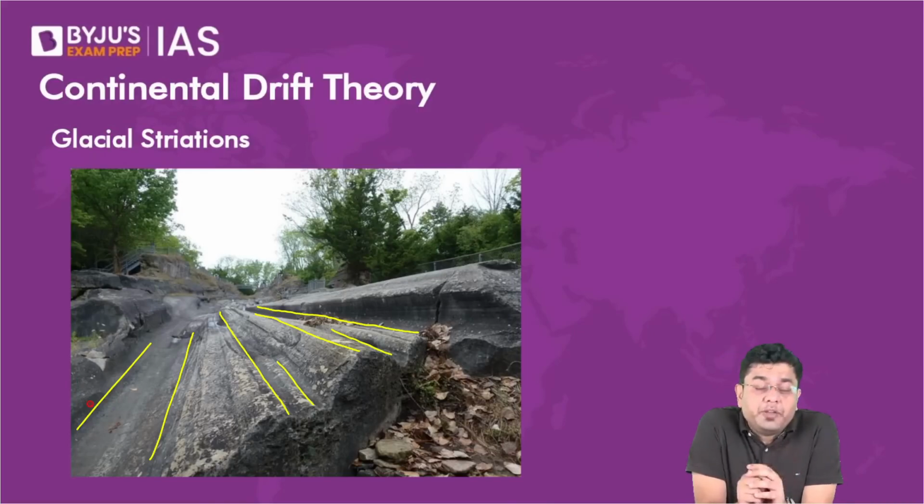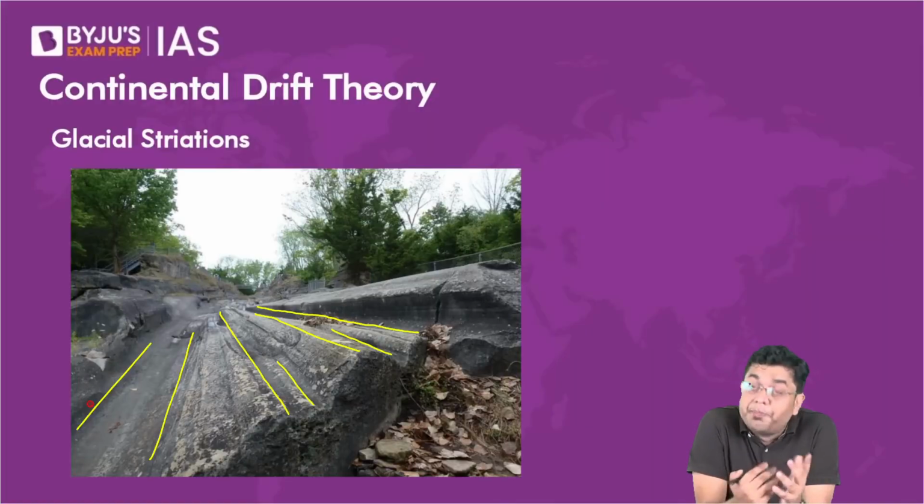When we consider the Aravalis in Rajasthan, they also indicate that at one point of time in history, they had glaciers. Similarly, in the peninsular part of the country as well, various different places indicate that.